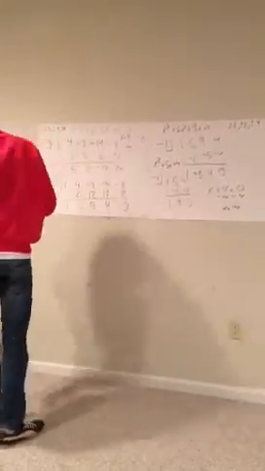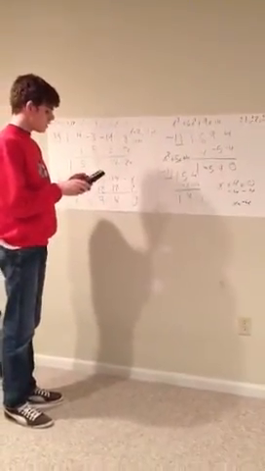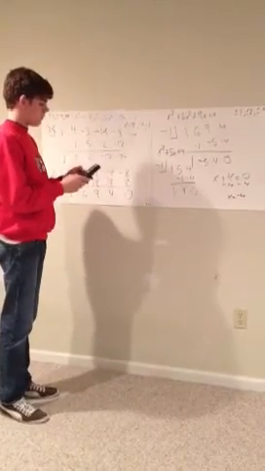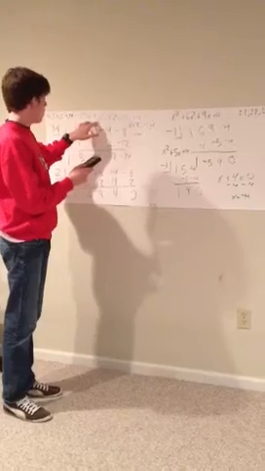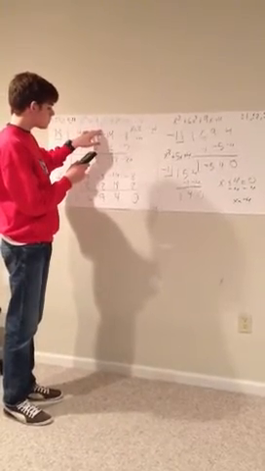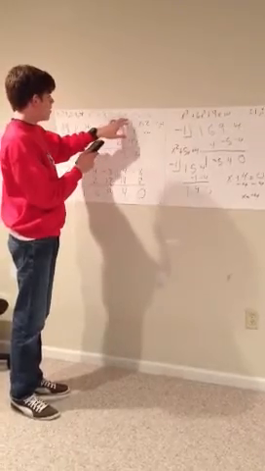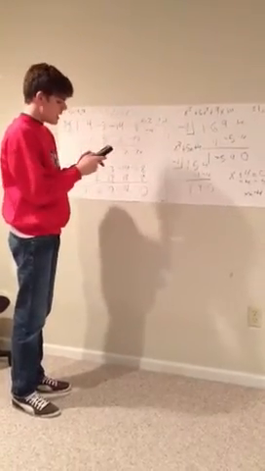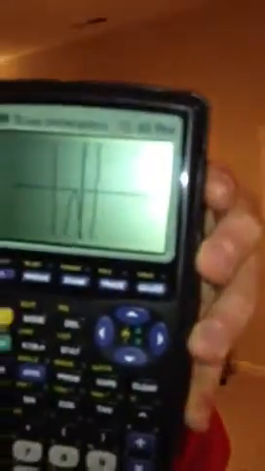Now, if you take your graphing calculator, and you plug this original equation in, so you get x to the 4th plus 4x to the 3rd, minus 3x squared, minus 14x, minus 8, and you click graph. That's what it should come up to be.